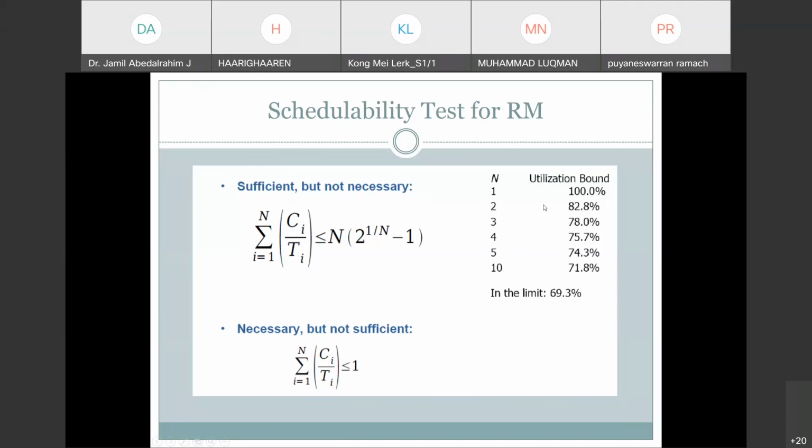The formula to test schedulability is that the utilization should be less than the utilization bound. This is the formula for rate monotonic, and this is for EDF, earliest deadline first. There the utilization bound is always equal to 1, so the utilization should be equal or less than 1.